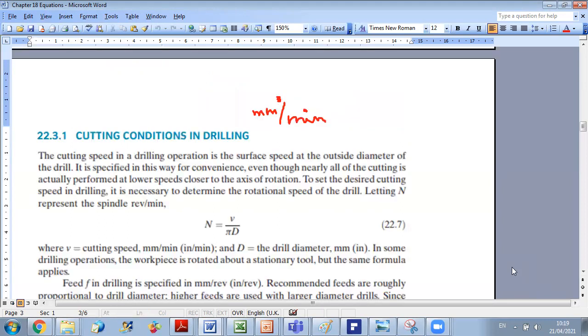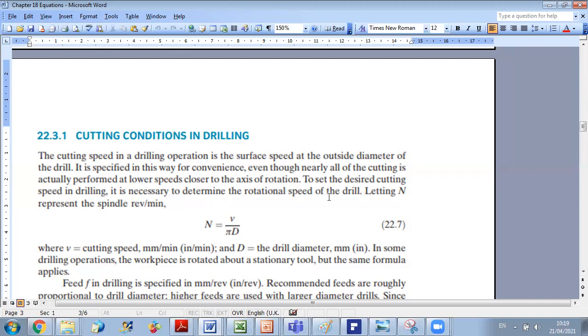Now we will move to cutting conditions in drilling operation. In drilling operation, the cutting speed is the surface speed of the outside diameter of the drill. It is specified in this way for convenience, even though nearly all the cutting is actually performed at lower speeds closer to the axis of rotation of the drill. To set the desired cutting speed in drilling, it is required to determine the rotational speed of the drill.